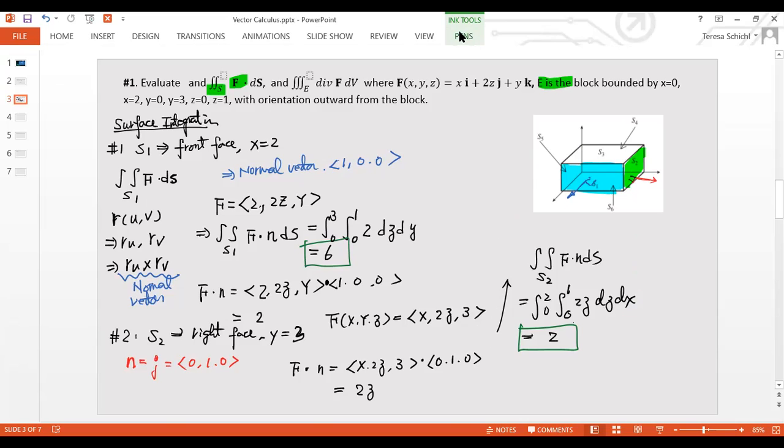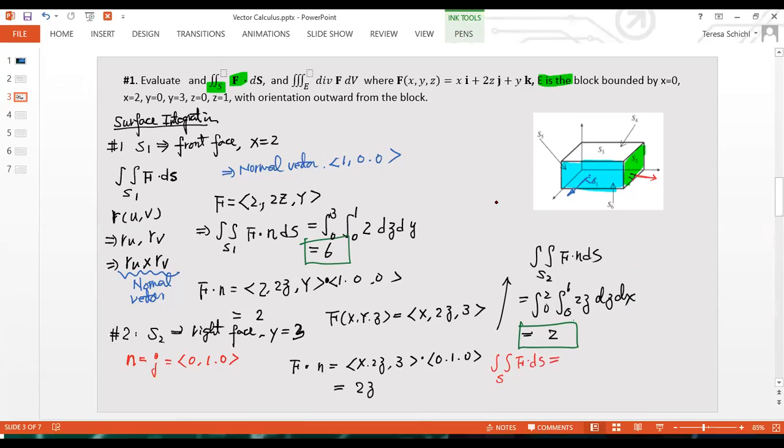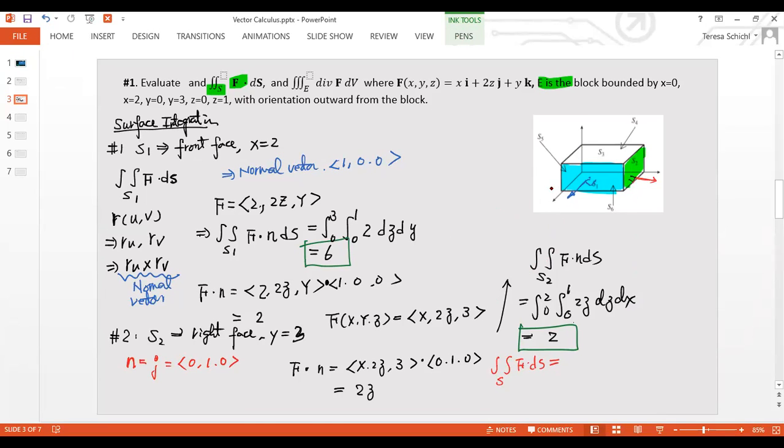So my final surface integration for F dot dS will just be the sum of all these 6 together. I already did that, so this will be 6 plus 2 plus 9 plus 0 minus 2 minus 9. So I'm getting the surface integral for this vector field is 6.